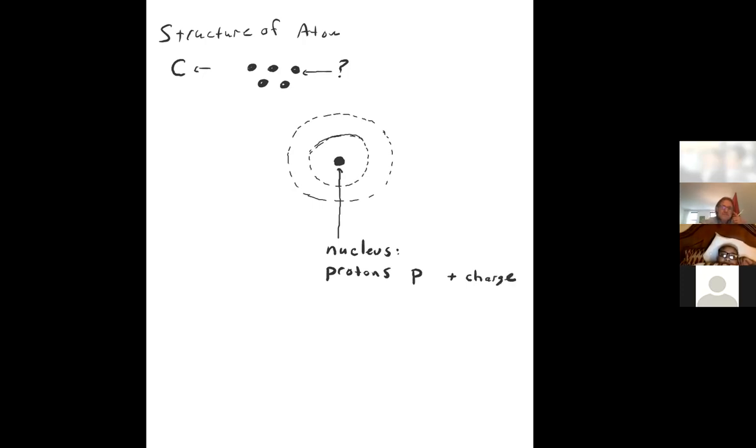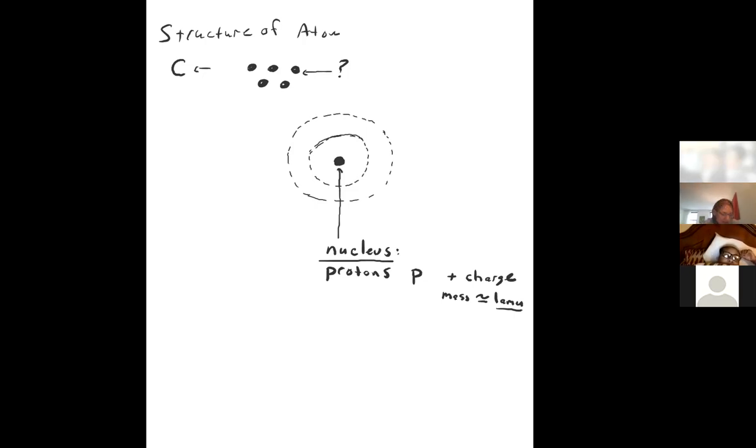And it has a mass that's approximately equal to 1 AMU. We'll talk about AMUs a little bit more technically later on, but it has a mass. So in the center of the atom is this thing called the nucleus, which has protons in it. The proton has an electrical charge, a positive electrical charge, and it has a mass of around 1 AMU.